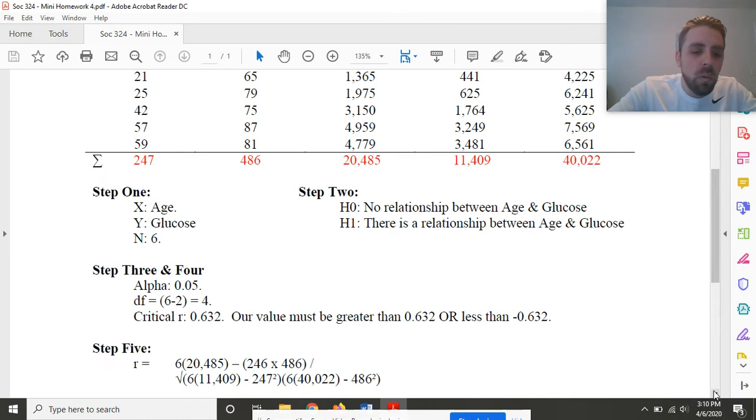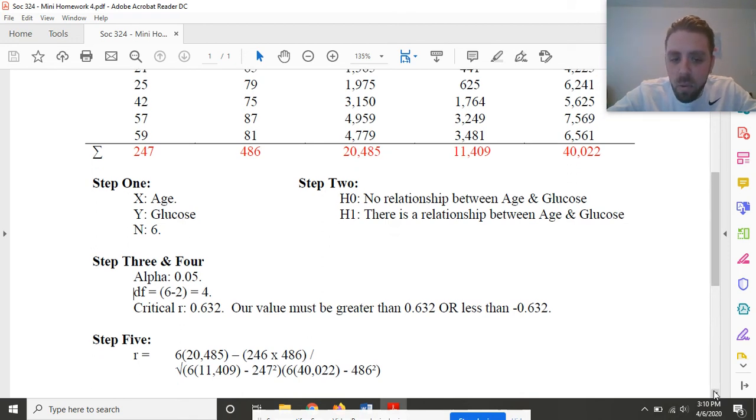R is equal to 6 times 20,485 minus 246 times 486, divided by the square root of 6 times 11,409 minus 247 squared times 6 times 40,022 minus 486 squared.